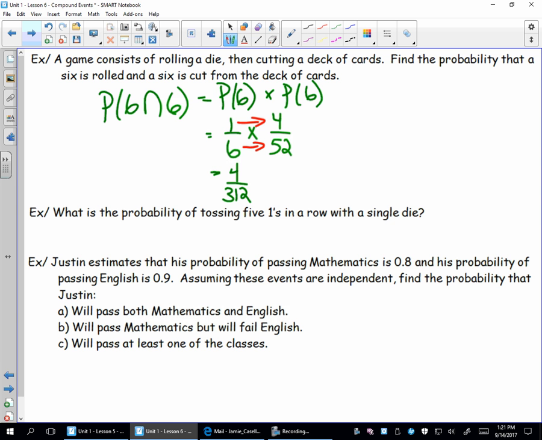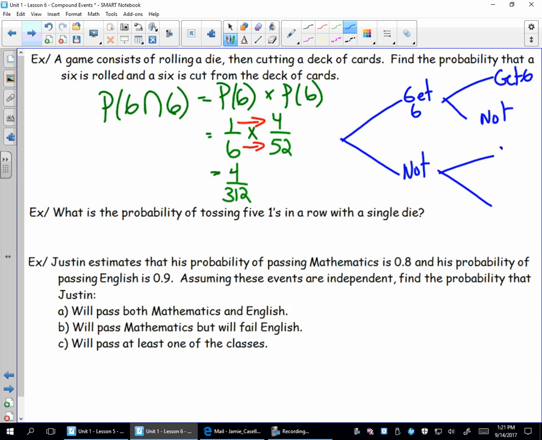Okay, now, that's the formula way, but I said there's also a tree diagram way. So let's take a look at the tree diagram. A tree diagram is what could happen at each stage. So stage 1 is either I get a 6, and we're talking about rolling a dice, or not. Stage 2 is getting a 6 again, but with the cards. So I could get a 6 or not.